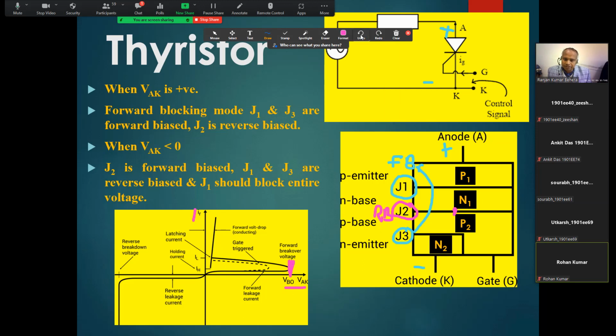When you go on increasing the voltage, at a point there will be breakdown in this junction, because each junction has a blocking capability of voltage, and above the blocking capability, like a diode, we have already studied that a diode also has a blocking capability, and if you increase the voltage it will break down.